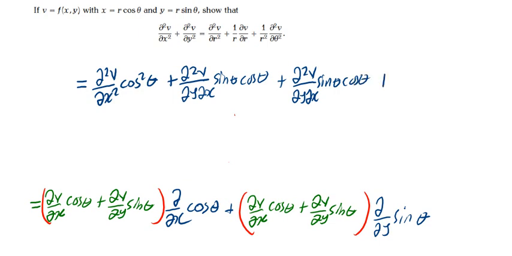This is going to be plus, so this one multiplied by this one, that's going to be the second partial of v with respect to y, then sine squared theta.